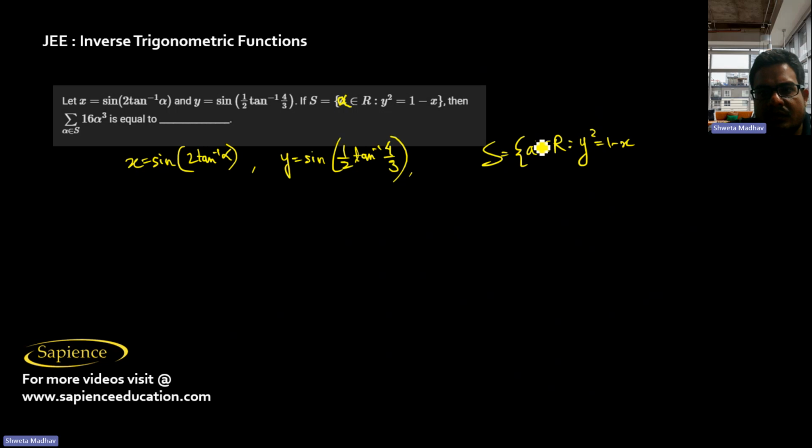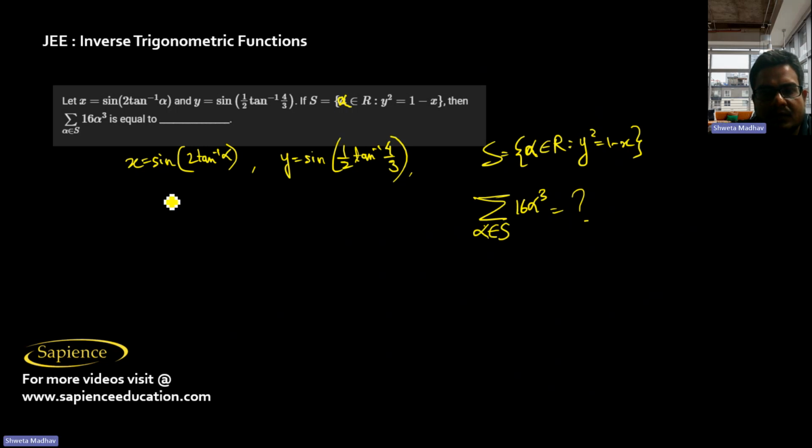So it is a set of all values of alpha such that y square equals 1 minus x. Then summation of 16 alpha whole cube, where alpha belongs to the set S, how much is that, that we have to find.